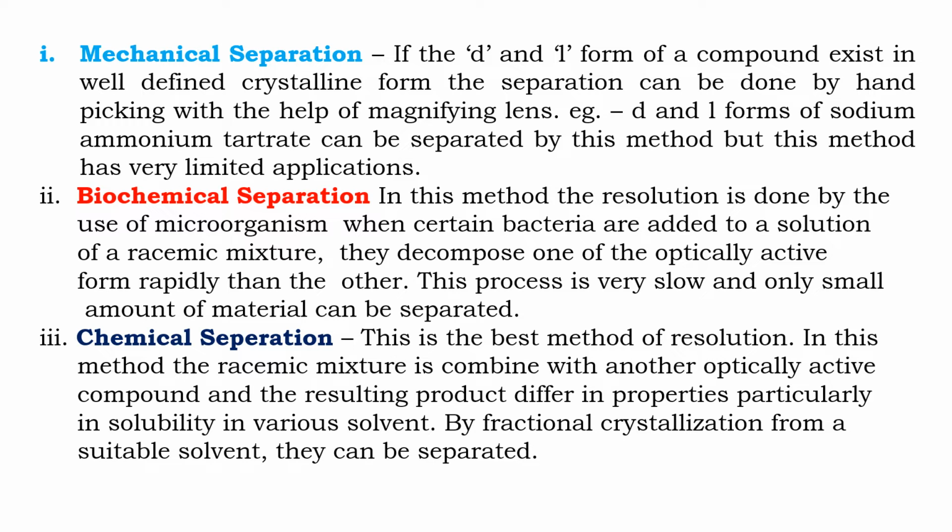I am adding a particular stereogenic compound to a racemic mixture, and this stereogenic compound reacts only with either dextro or levo. That means the reaction is highly stereospecific, and on fractional crystallization of the resulting solution, one of the isomers will be separated out. This is the chemical separation.